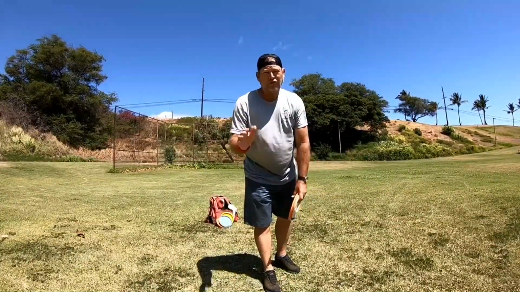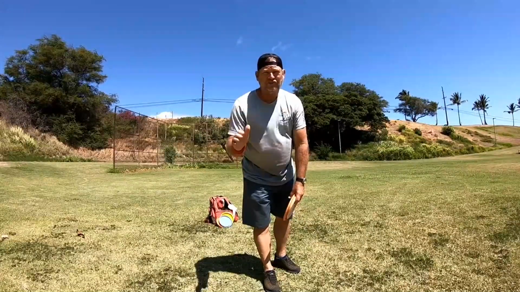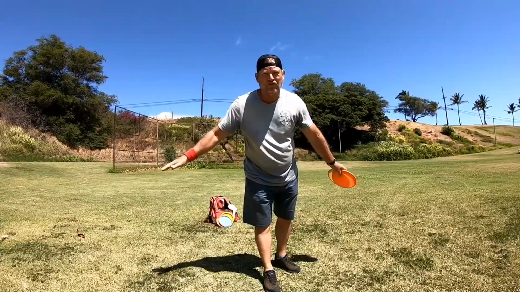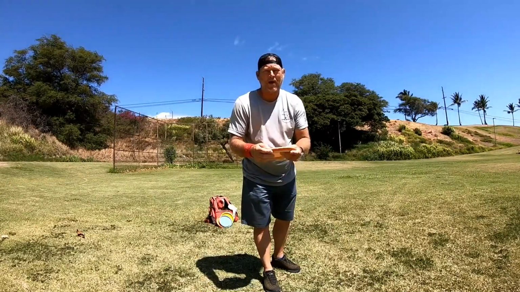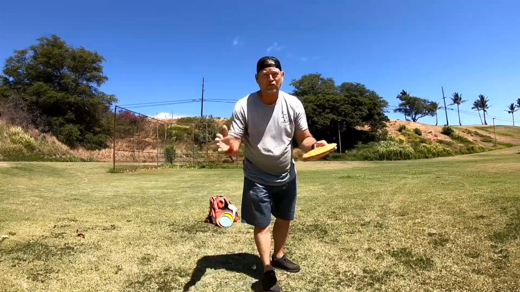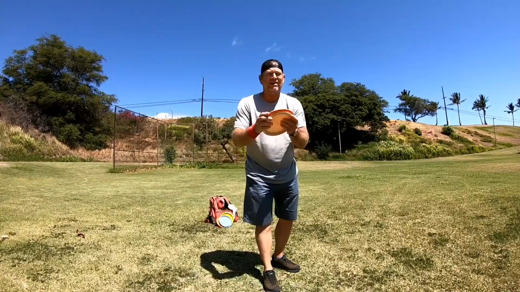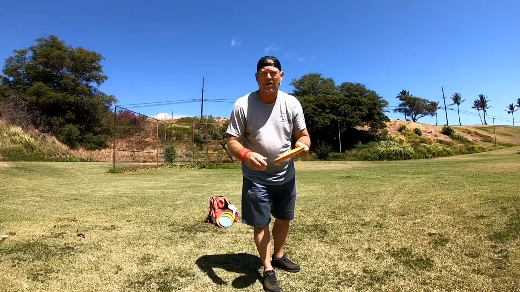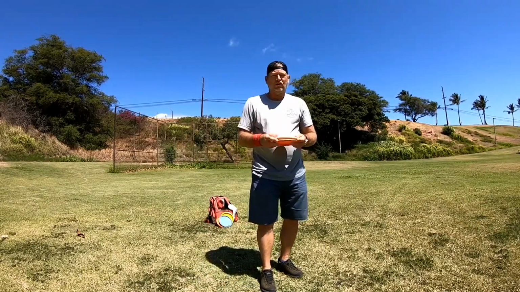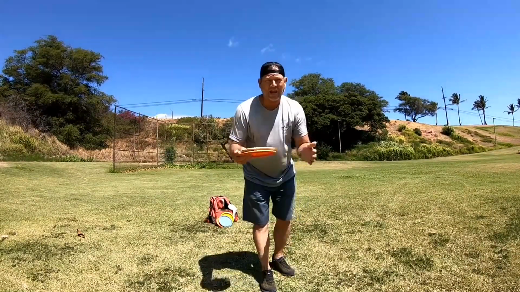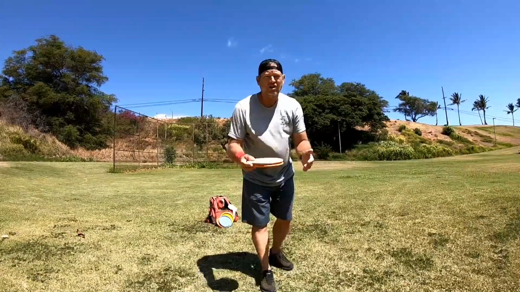You don't ever throw an understable disc if you don't have to. Throwing an understable disc is a specialty shot, last resort. You've got nothing else to throw, kind of a shot. You need to throw stable discs.